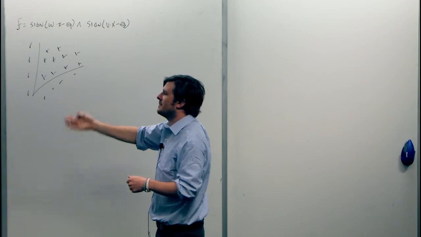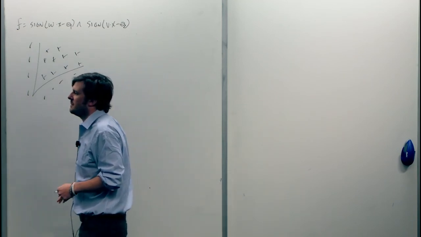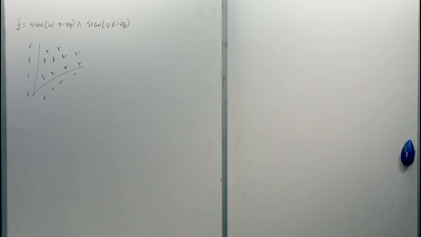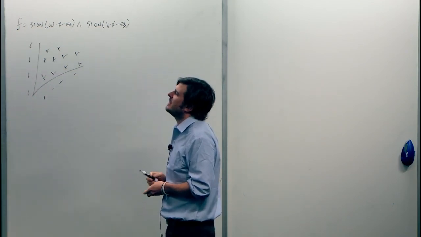I don't know how to get this machinery to work for such a function. You can't project it to one dimension anymore, and I don't know how to do the integration.